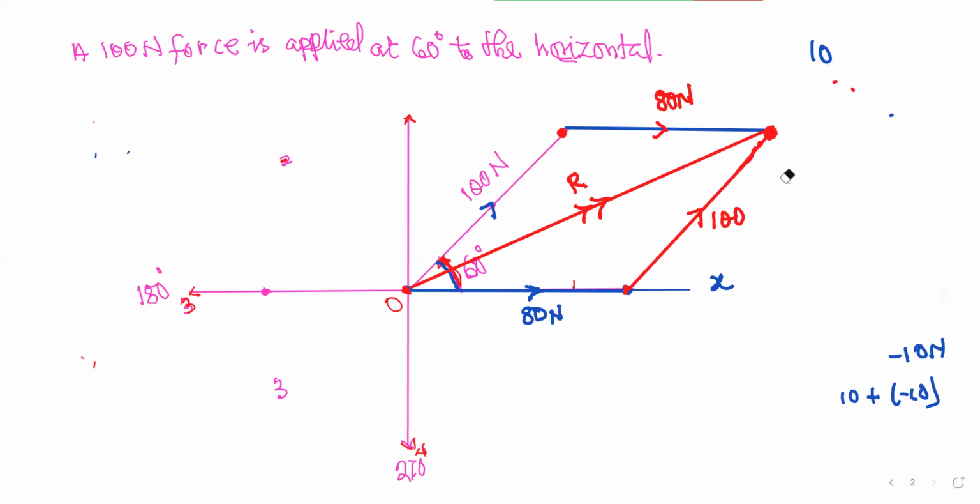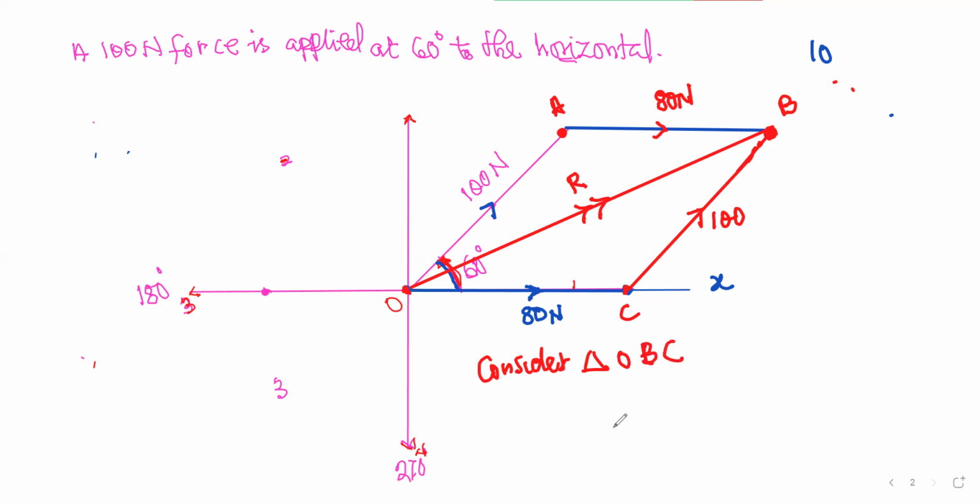As I said, we will look at vectors, and those of you who are not so clear get the opportunity to understand better. So we have parallelogram OABC. Within this, let's consider triangle OBC.